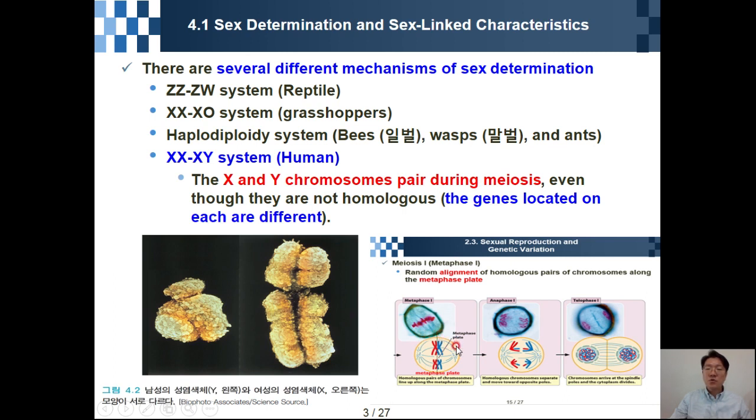Usually, even though they are not homologous, the X chromosome and Y chromosome pair with each other. Not homologous means that the genes located on each chromosome are different, because the genes located in the similar regions are totally different.